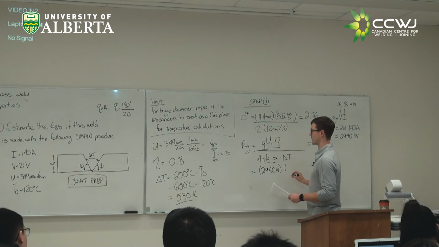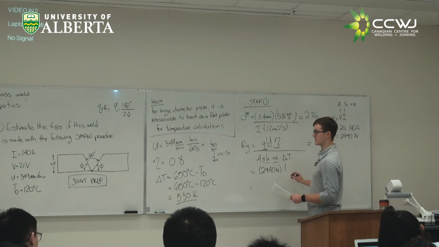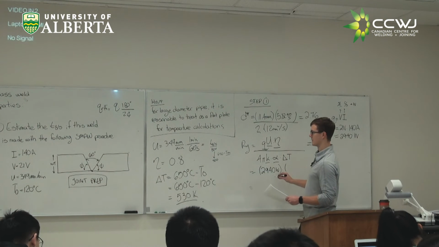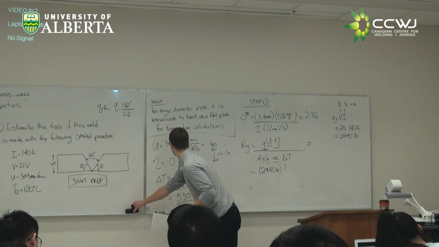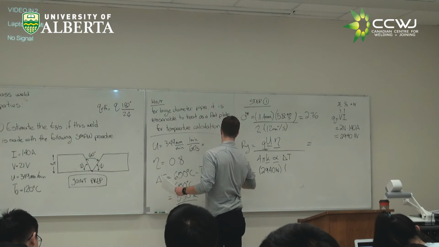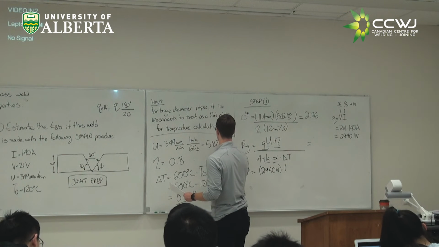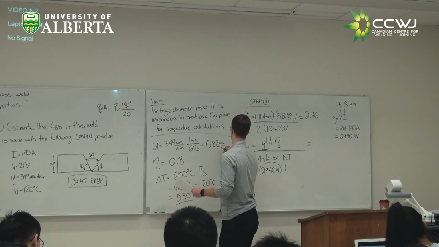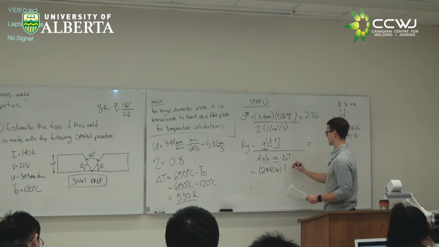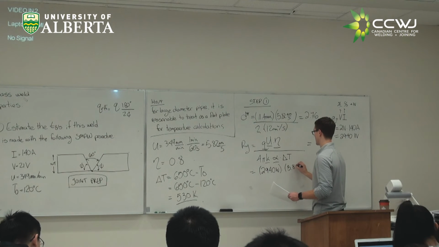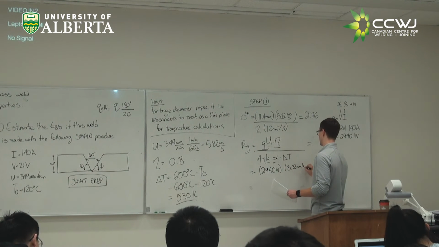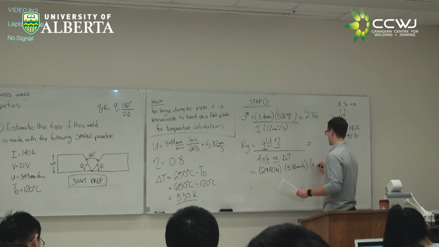times our travel speed, which we calculated as 5.82 up there. Our efficiency is 0.8.